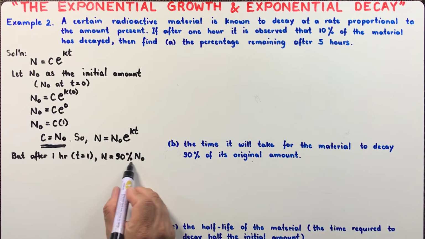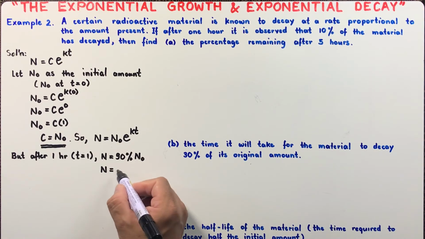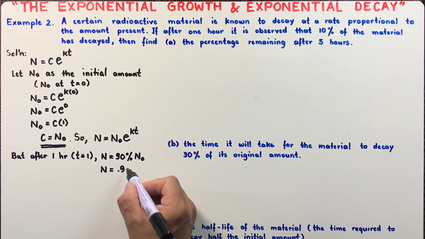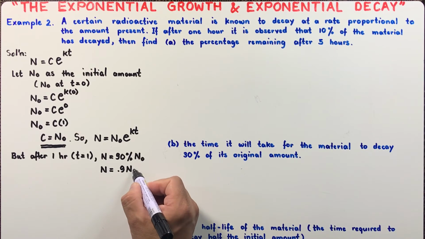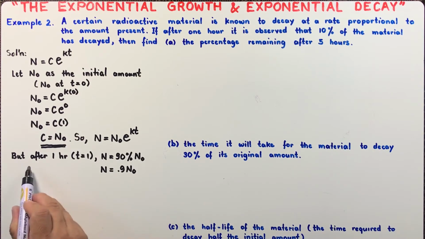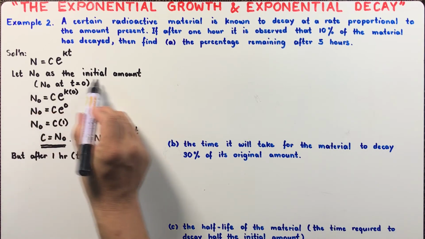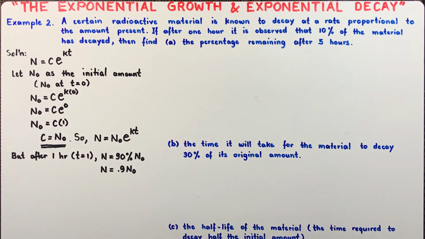So rewriting this one in decimal form, we have N equal to 0.9 of our N₀, because remember, the material has decayed 10% after 1 hour. So the remaining amount is 90% of our initial amount, which is N₀, since N₀ is the representation of our initial amount.